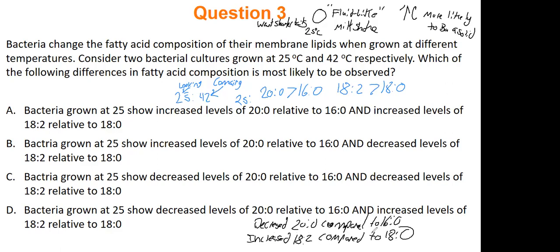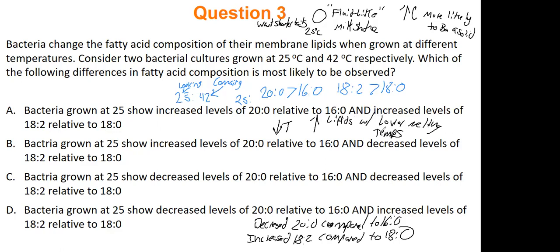And the shorthand answer is you want to create lipids with lower melting temperatures. So the colder you go, the lower the temperature you go, you increase lipids with lower melting temperatures. Right?